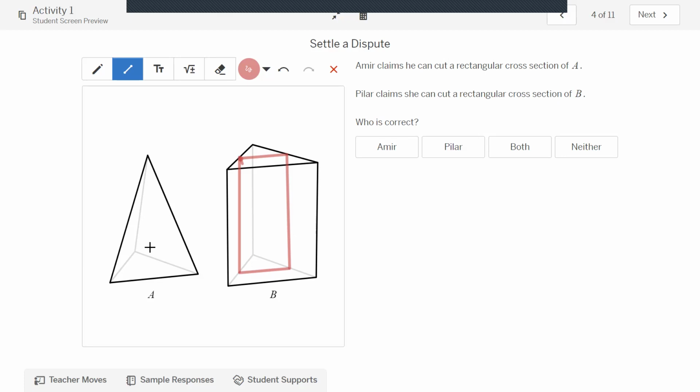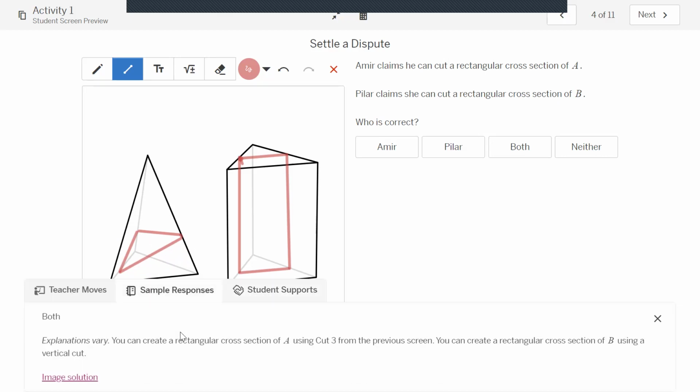Can I do the same thing? Don't know. Oh, that triangle. Hmm. Well, let's go ahead and see what the student responses support.